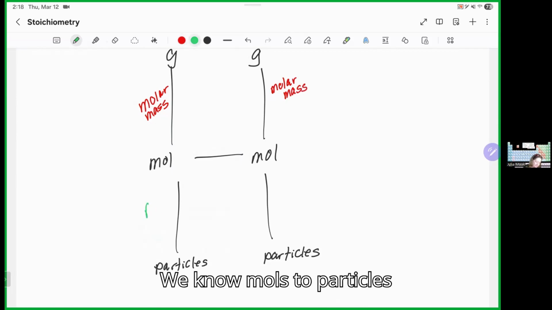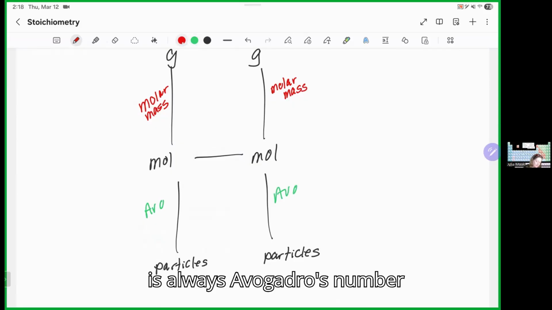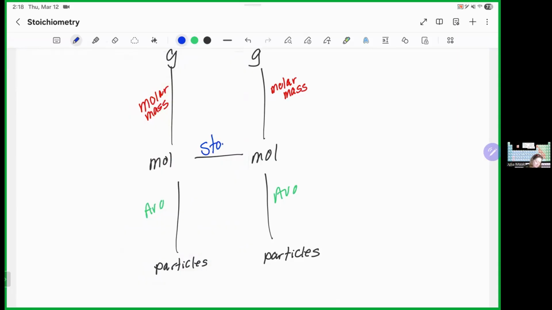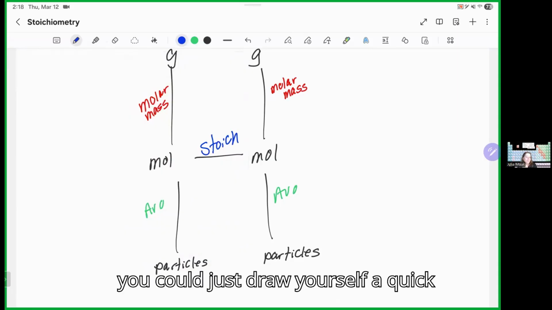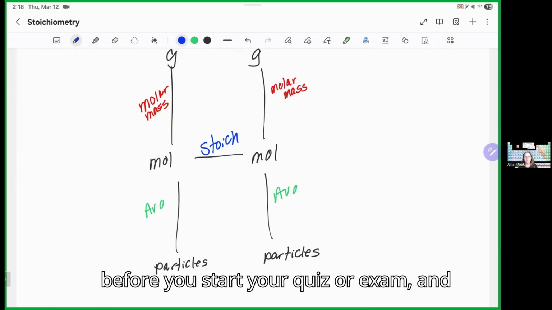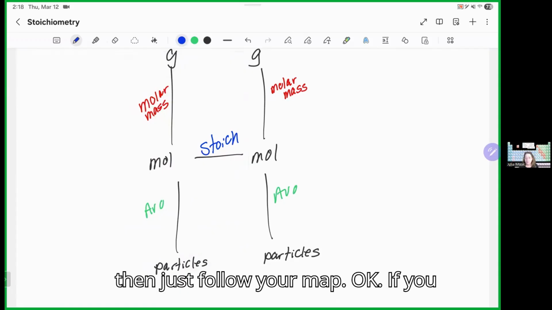We know moles to particles is always Avogadro's number. And moles to moles is your stoichiometry. So you could just draw yourself a quick little cheat sheet on your scratch paper before you start your quiz or exam, and then just follow your map.